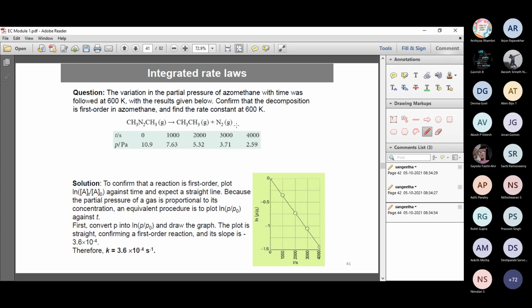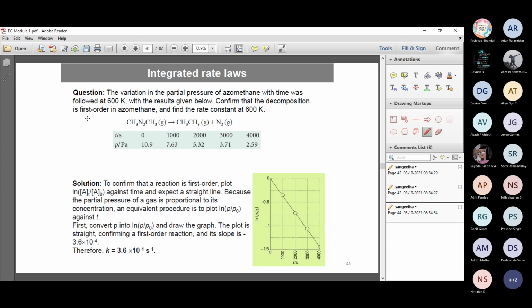The variation in the partial pressure, are you able to see the slide? Yes, ma'am. The variation in the partial pressure of azomethane with time was followed at a particular temperature with the results given below. Sometimes they may give you not necessarily azomethane, maybe some changes can be there.